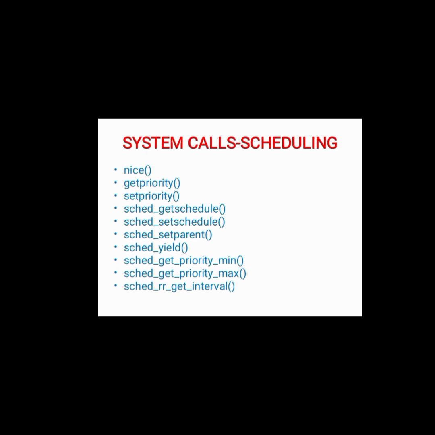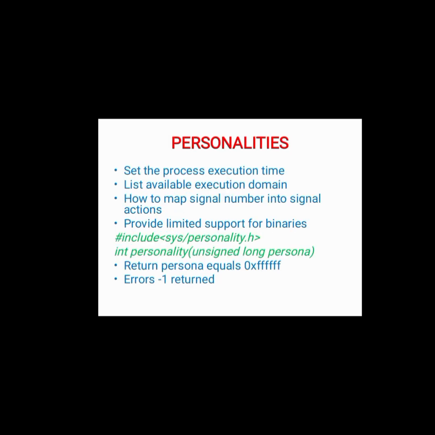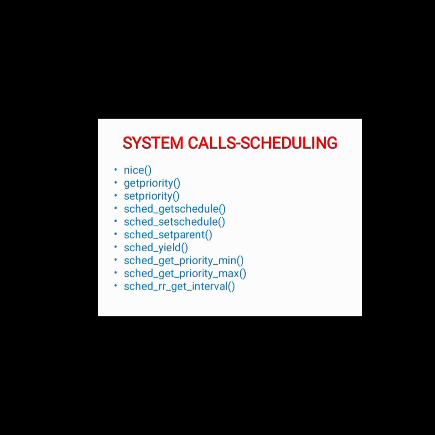First one, nice. This nice command is used to change the priority of a conventional process. Get priority is used to get the maximum priority of a group of conventional processes.